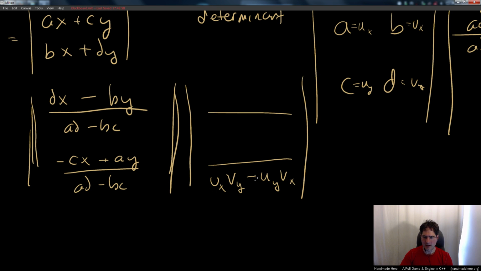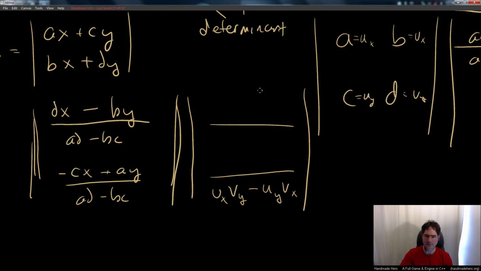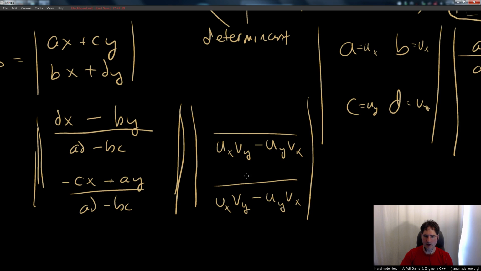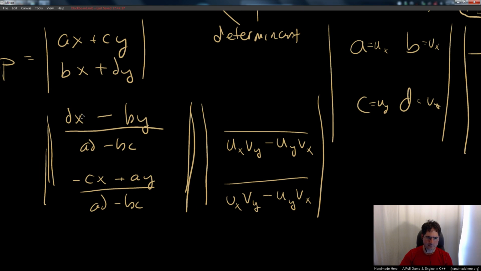It's the XY YX. So same thing would be up here, VY minus UY VX, exact same product. And then on top, we would just have our D term, which is VY times the input X coordinate minus our VX times the input Y coordinate.